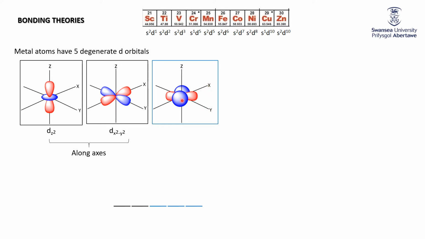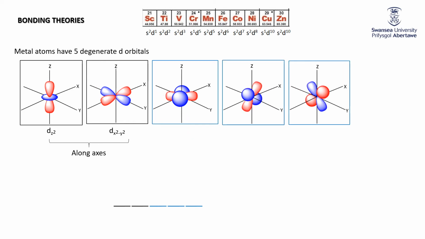This blue lobe here is pointing right at you between the y and the minus x-axis. This one here is between the minus x and the minus y, and then this one here is pointing straight between the x and the minus y axis. So that sort of shape, you could call it a 4-leaf clover shape. Essentially looks almost like this, except while this lies along the axes, this one is lying in between the axes.